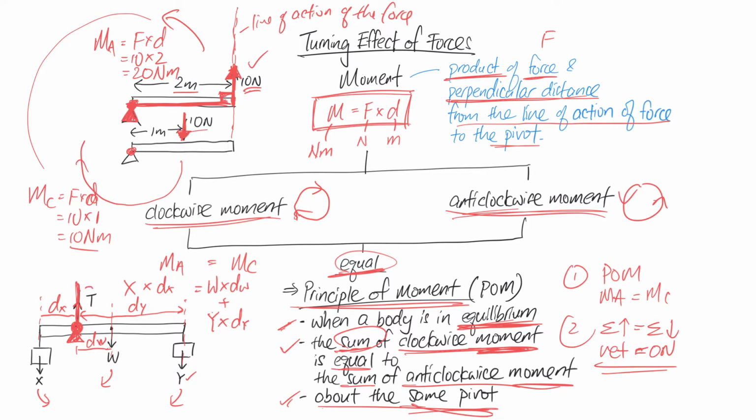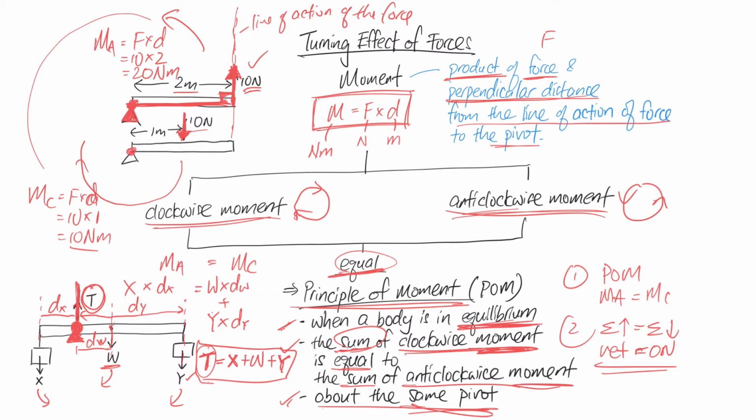What if I need you to find the value of T? So you have to understand, applying Newton's first law, net force equals 0. So my upward force, which is T, is equal to the total downward force, which is the weight of X, plus W, let's say that is the weight of the rod, and plus the weight of Y. So that is another equation, and you can find the tension or the force acted by the pivot on the rod upwards.